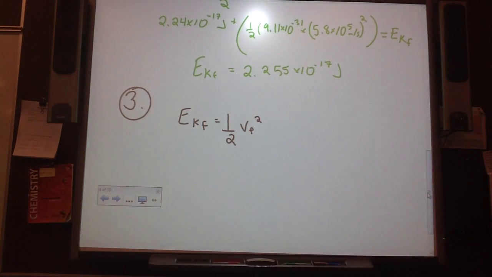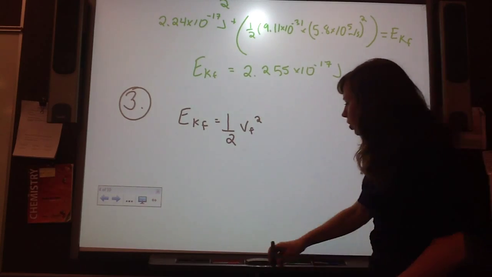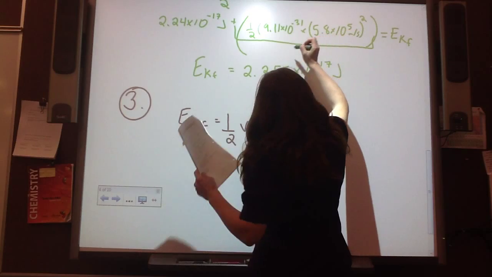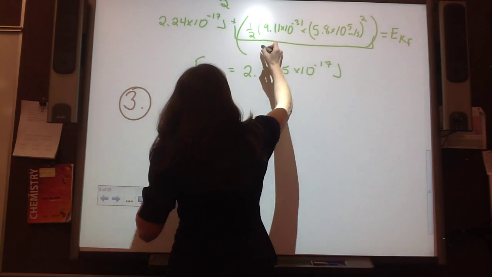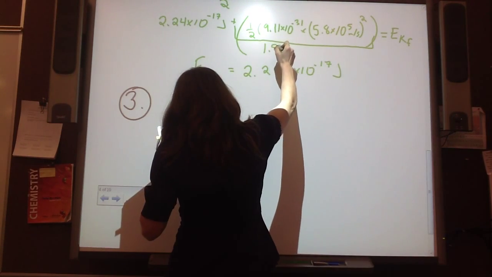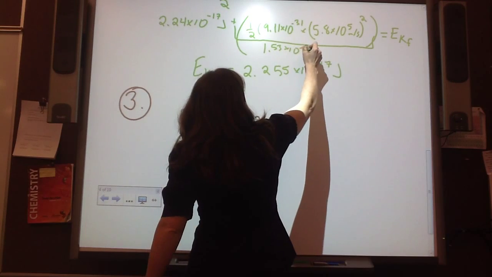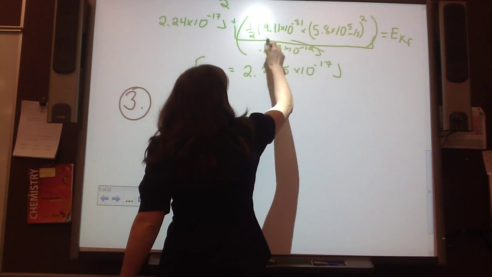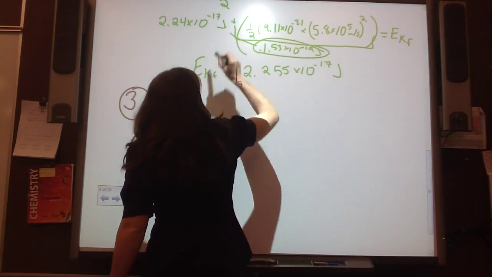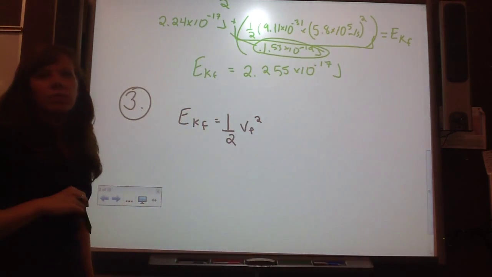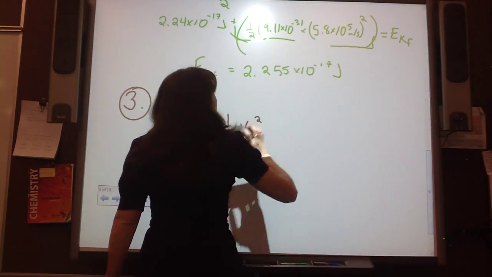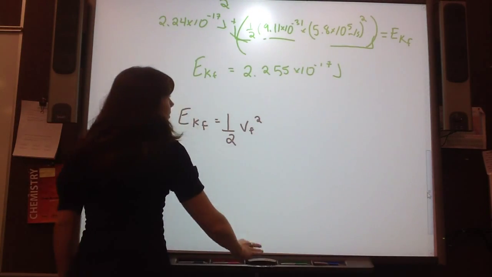If you wanted to, you could first calculate this out, which is 1.53 times 10 to the negative 19, and then add this and this together, if you prefer. But you should get 2.25 times 10 to the negative 17.